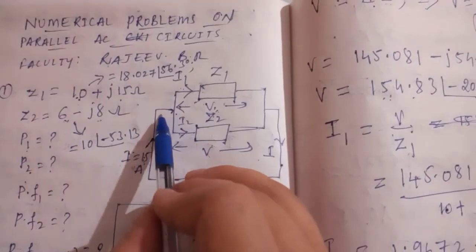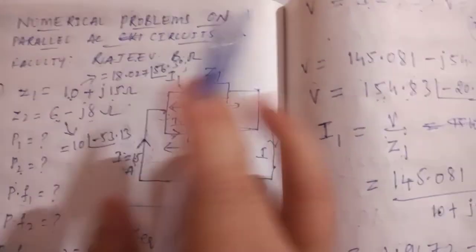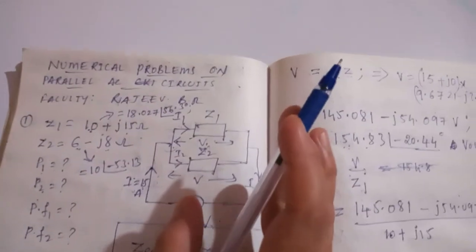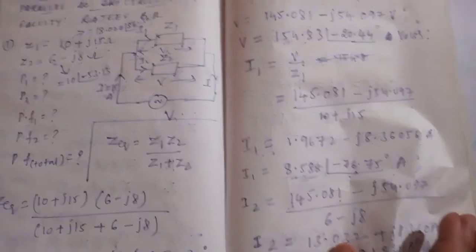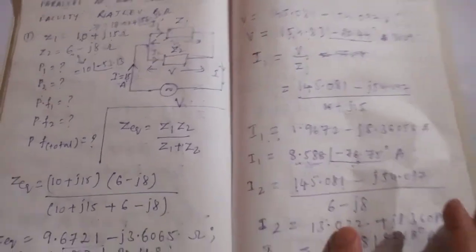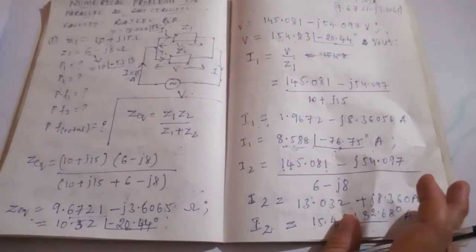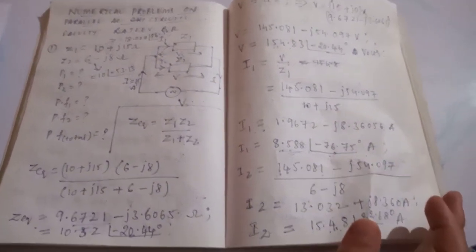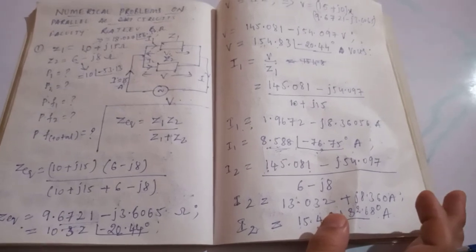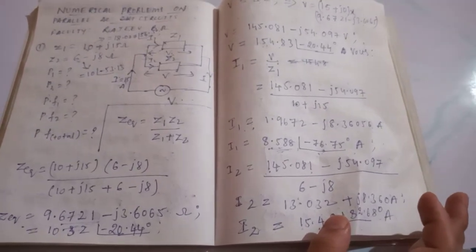So Kirchhoff's current law is verified vectorially here. In AC circuits, wherever they are, you have to do vectorial summations because you have to consider the angles also. Okay, hope you have understood this problem solution. We shall go to the next problem.